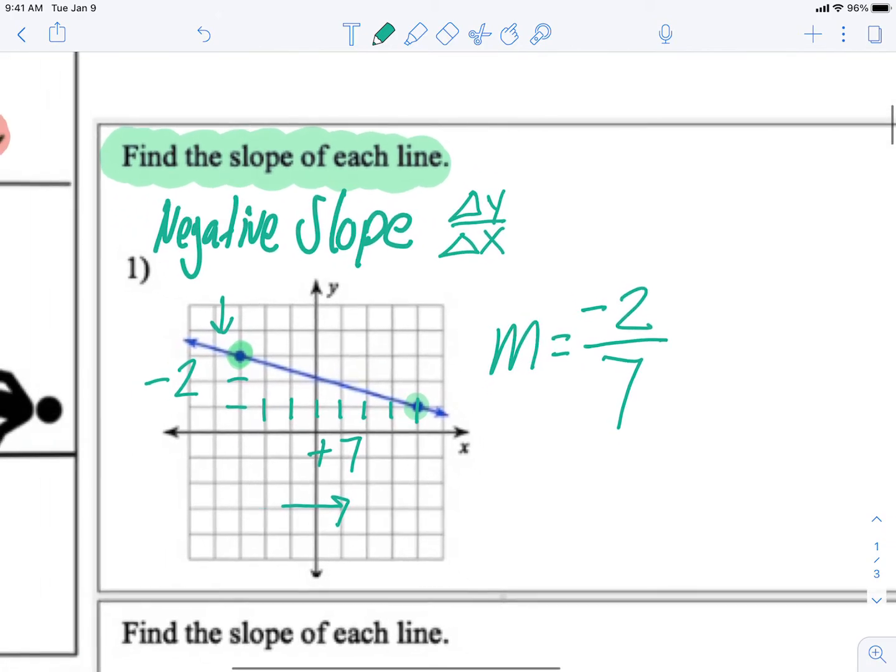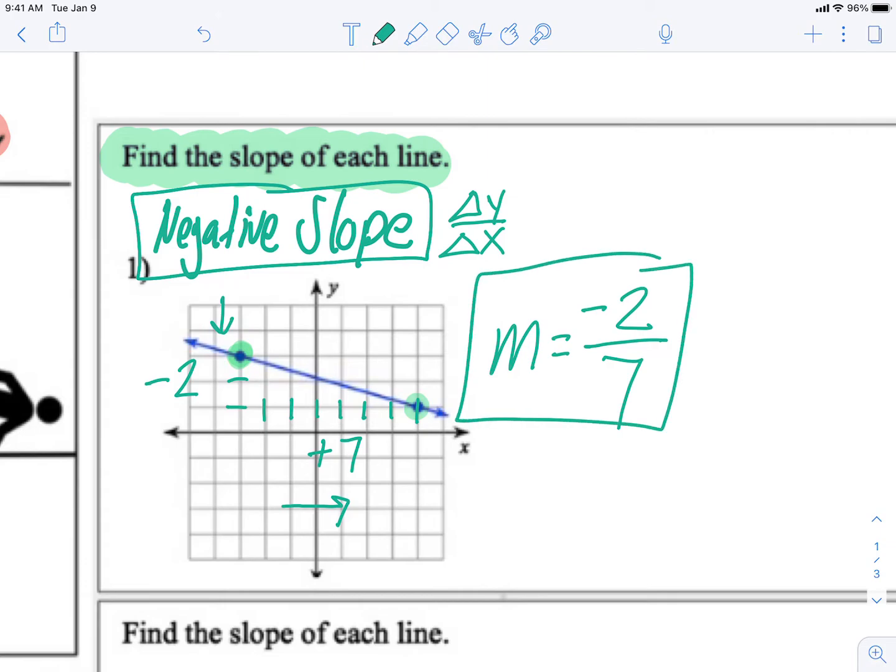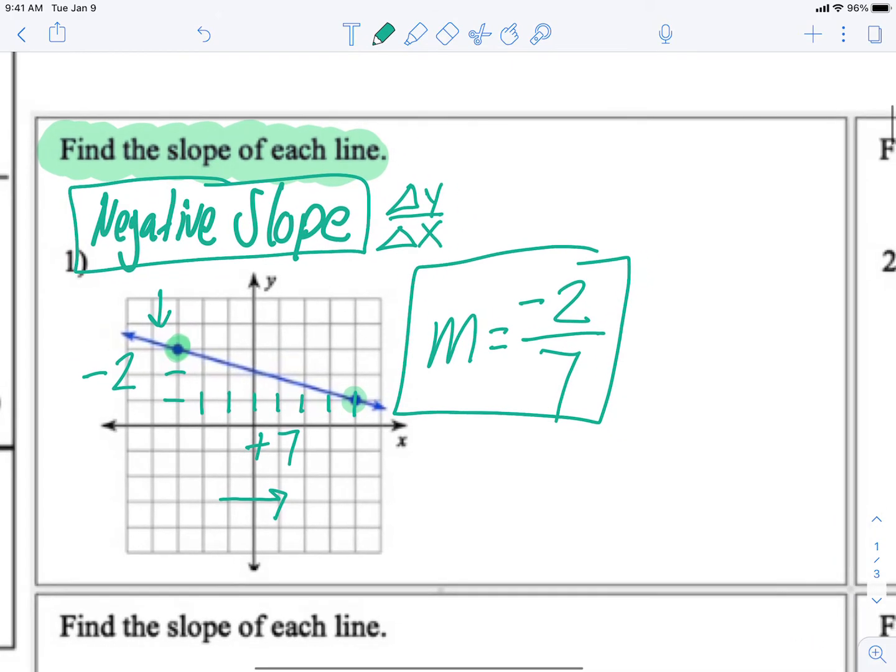And there you go. Look at that. I found my negative slope, and my slope is -2 over 7. How about that? There we go. We found our negative slope, and it is -2 over 7.